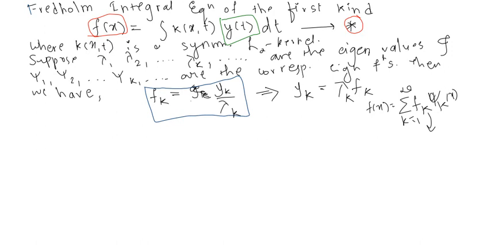So by using that, here I have written f_k is equal to y_k by lambda_k. Now, if I want to determine the solution of this particular equation star, that means I want to determine what y of t is. So now we are interested in finding this function y of x.